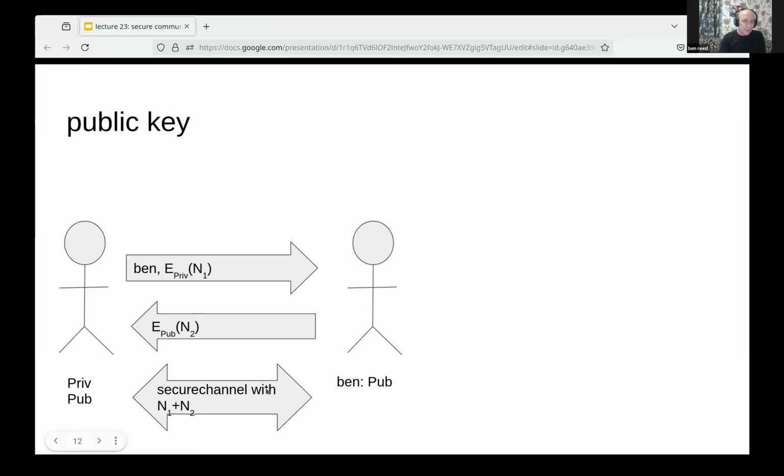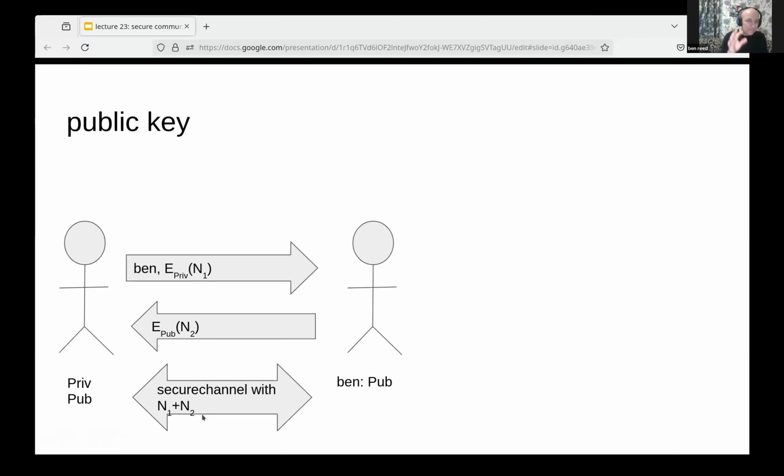So now both of us know N1 and N2, and the server also knows that N1 came from me. If we start talking over this secure channel using symmetric encryption, then the server knows it's talking to me because only I know N1.